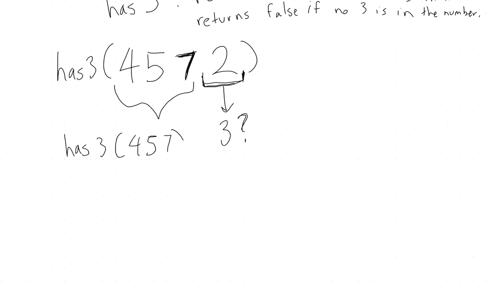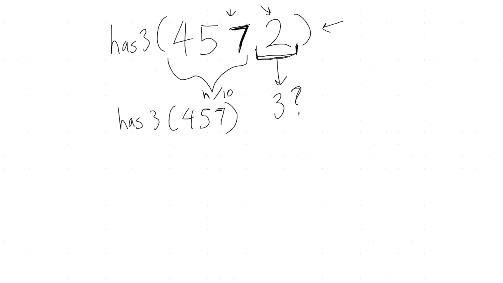This is a smaller version of the problem because we already checked the last digit in the original function call. So a smaller version is this number with the last digit cut off, that's n divided by 10.